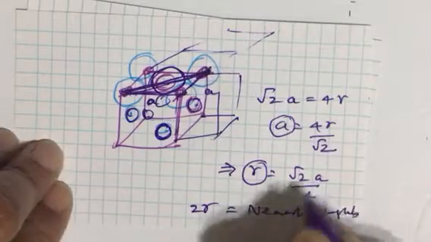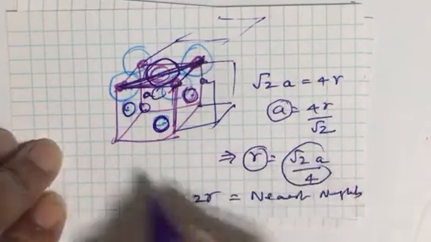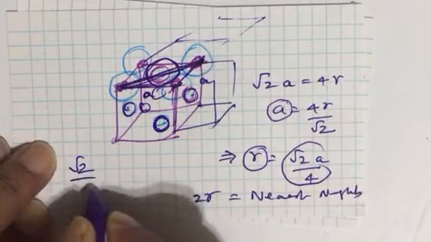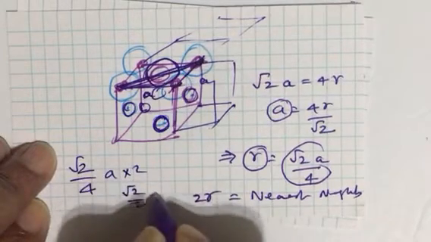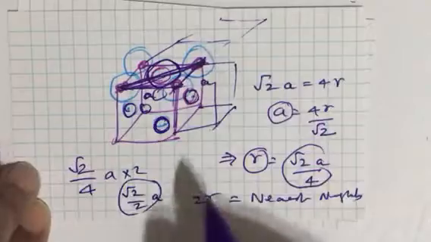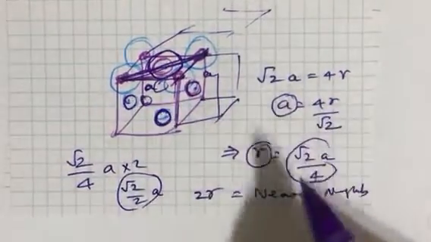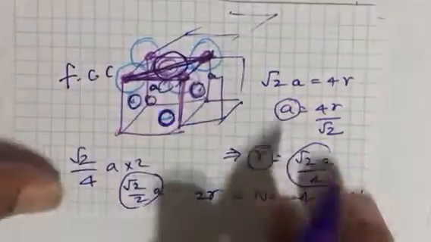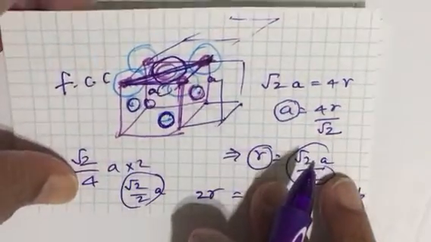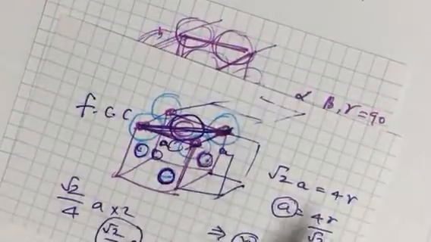It can be worked out from this relation as root 2 by 4 a into 2, that is equal to root 2 by 2 a, which is the nearest neighbor distance in a face-centered cube. If the particles are confined to corners as well as face centers, I call it a face-centered cube.